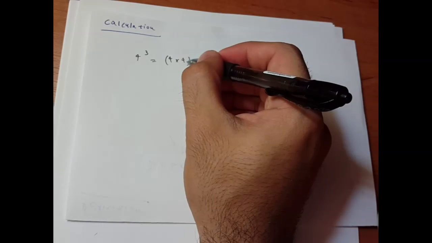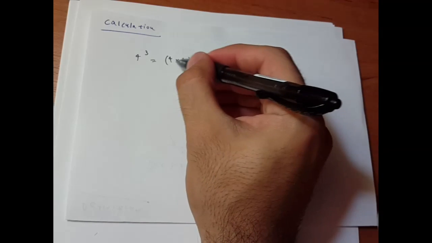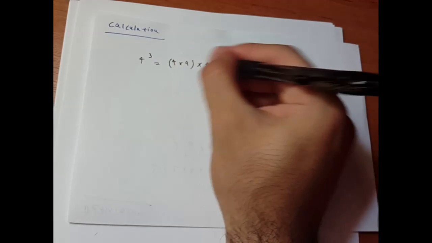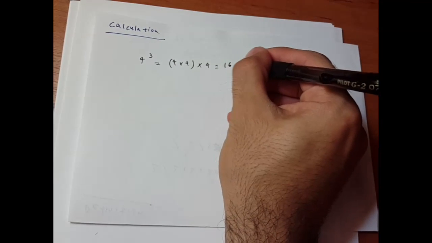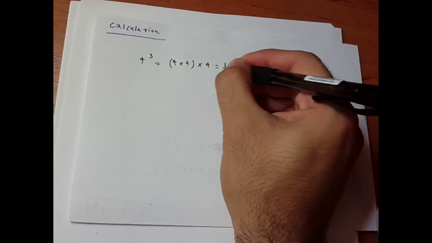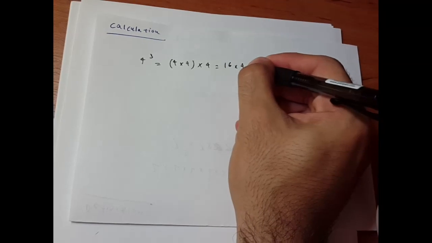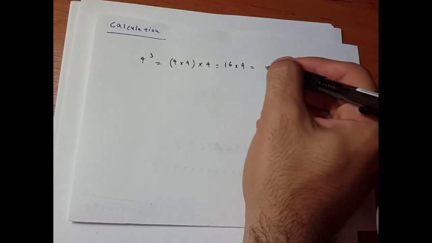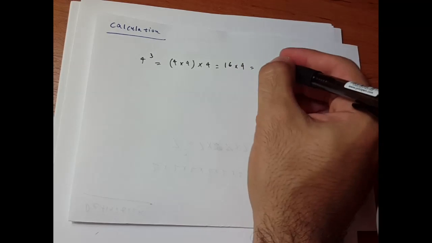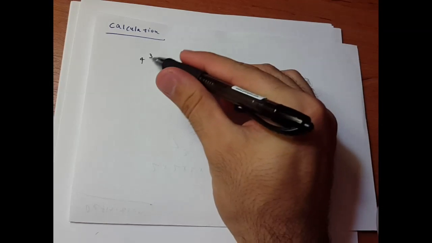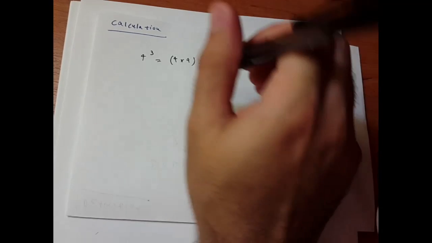I put the brackets here in order to say I'm going to multiply this first. So 4 times 4 is 16 times 4, and that will be 4 times 10 is 40. 4 times 6 is 24. 24 plus 40 is 64. So 4 to the power of 3 is just 64.